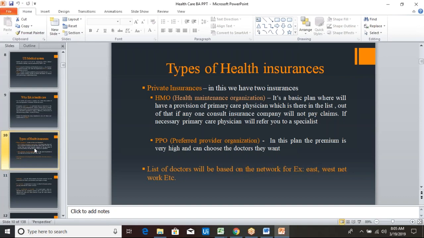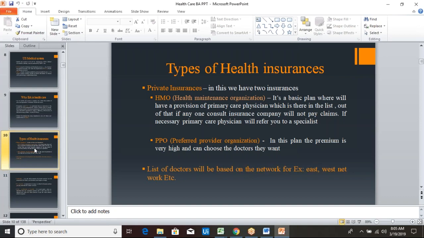As far as PPO, Preferred Provider Organization, is concerned, it's vice versa. It's a premium plan, wherein based on the high premium you are paying, you are entitled to use any kind of doctor services, including specialist doctors.